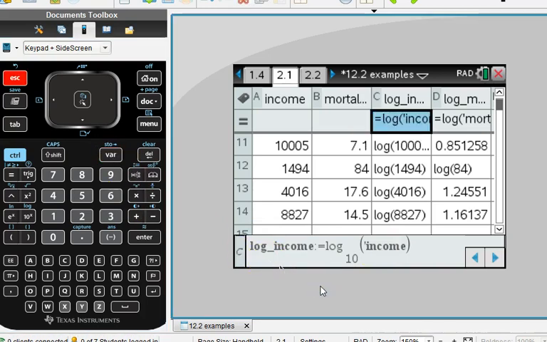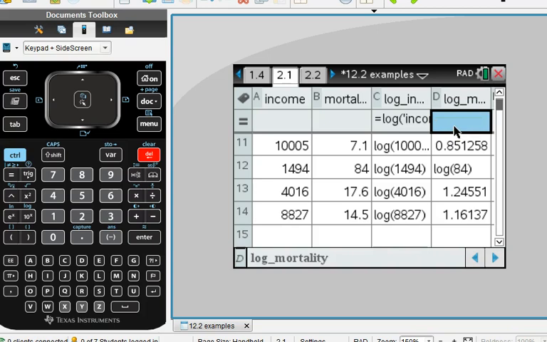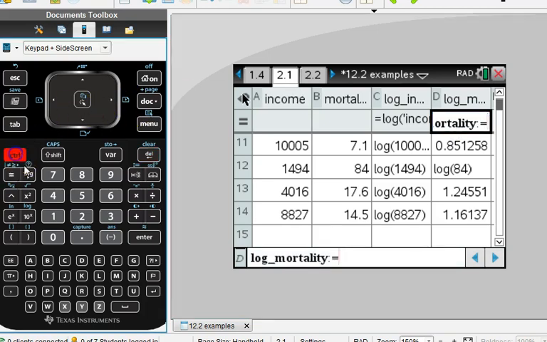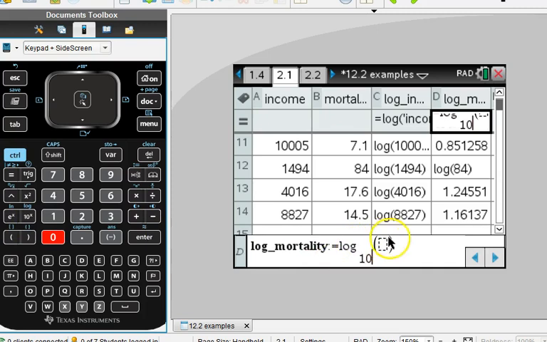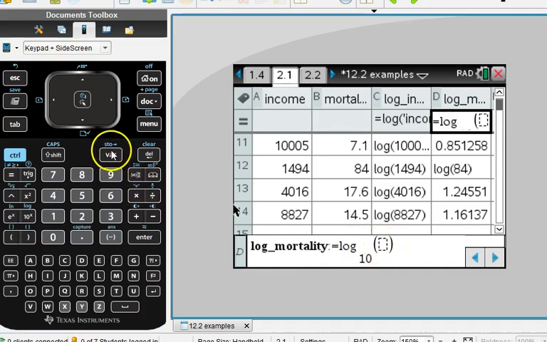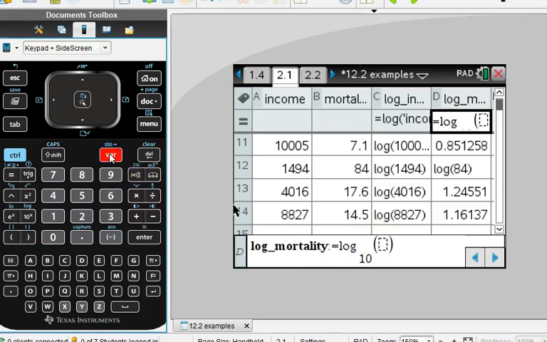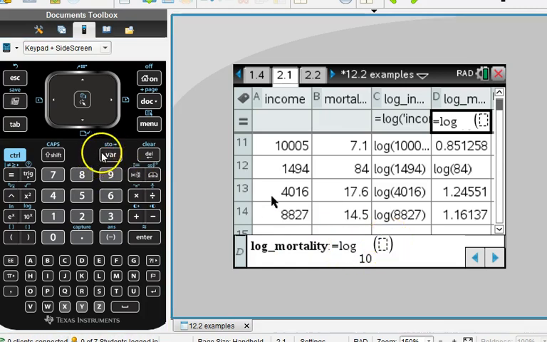Let me just clear this out and show how I did this on this one. I can say equals log. So if I do control 10 to the x, there's my log base 10 of, and then I can use my variable button. It's not letting me pull that down, which is very odd.